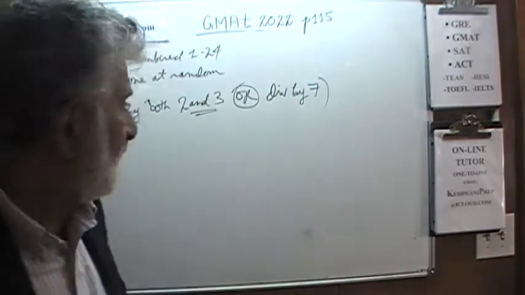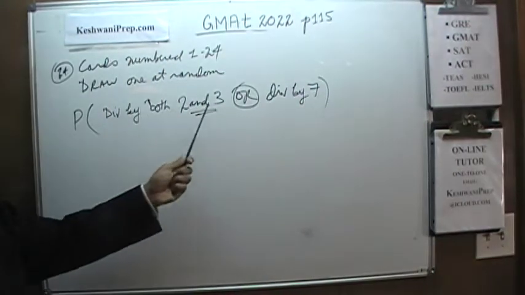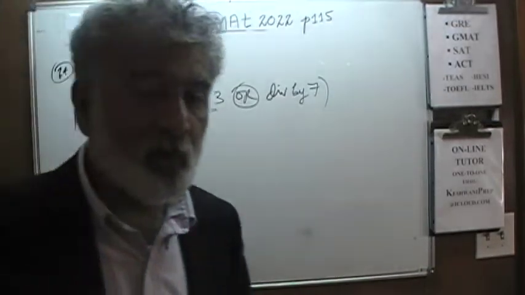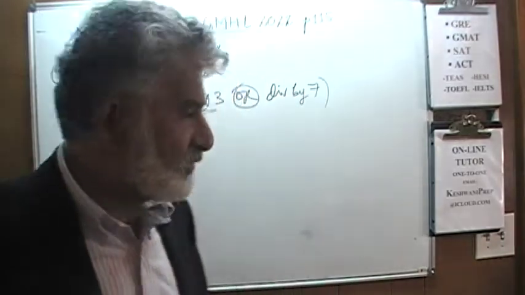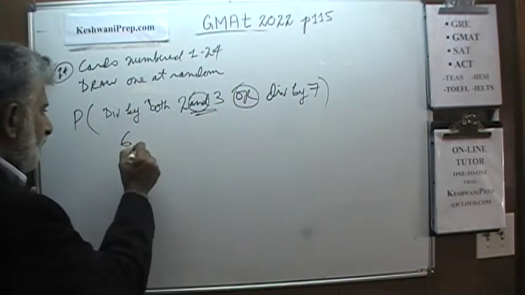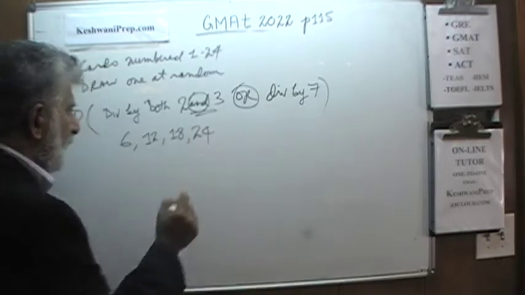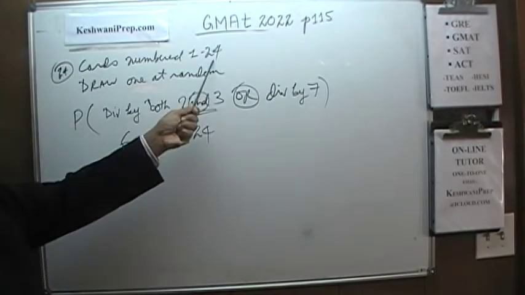So again, 24 cards we are holding. Each card is numbered 1 through 24. Each has a unique number. We're going to draw one card at random. What are the odds that the number on that card is divisible by 2 and 3? Well, if it's divisible by both 2 and 3, that's a roundabout way of saying that the number has to be a multiple of 6. So we can have 6, 12, 18, any multiple of 6 as long as it goes up to 24.